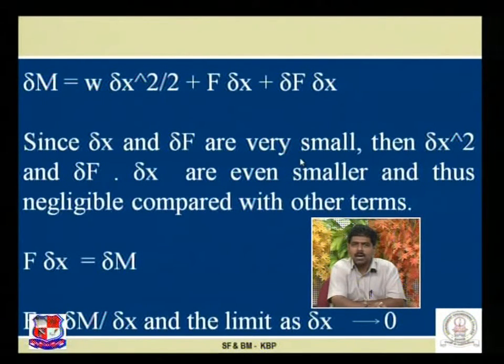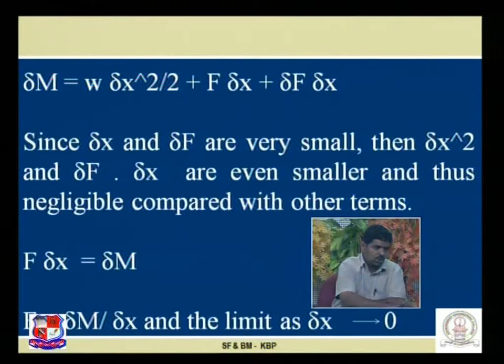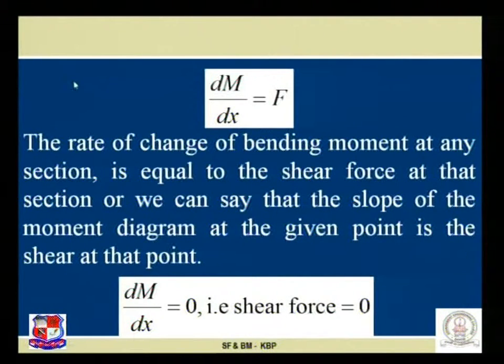So we neglect these small terms, and we achieve the equation F delta x is equal to delta M. And if delta x tends to 0, we achieve the equation dM by dx is equal to F. Very good equation we have achieved over here.